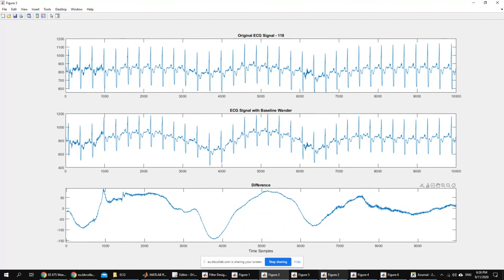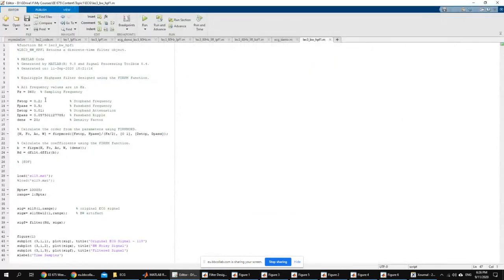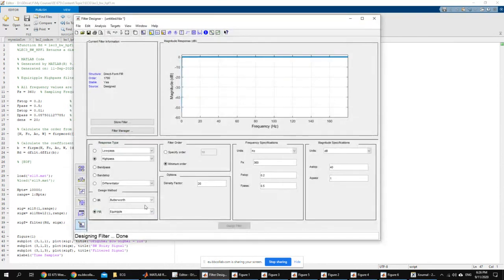What I should do next is basically, with the same exact filter that I have here, I should just play with the parameters of the filter. I should play with the attenuation. I should play with the f-stop, with the f-pass, and things of that. So the thing that I have here in my filter, I can actually go back to the filter designer function, and instead of designing with equi-ripple method, these methods are used to estimate the parameters of the filter.